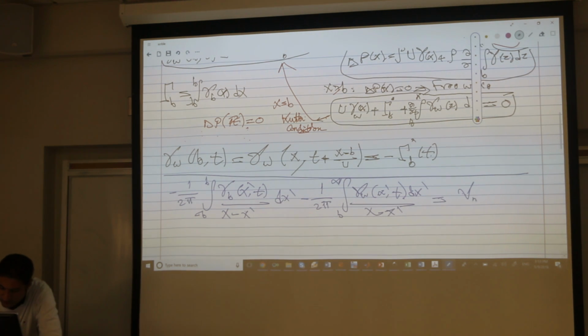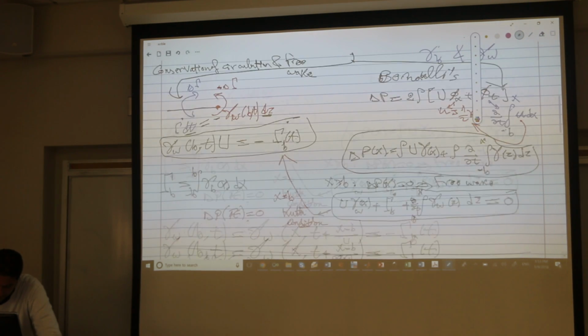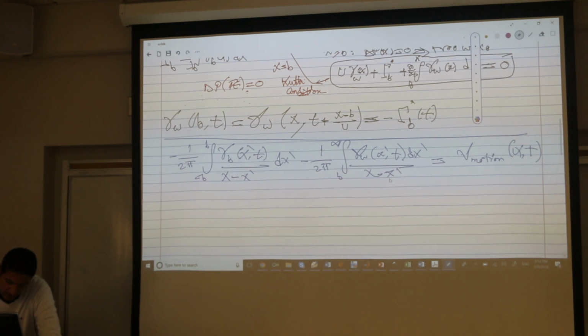This is the v motion at this x and t. Okay? This is the no penetration boundary condition. We have two unknowns.